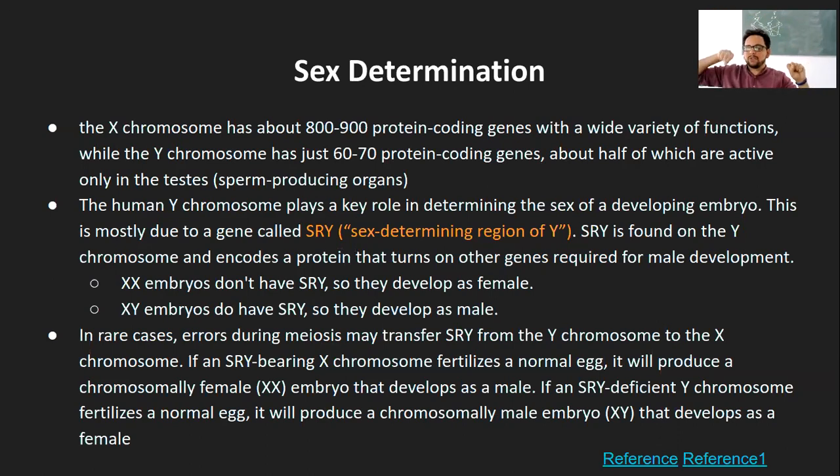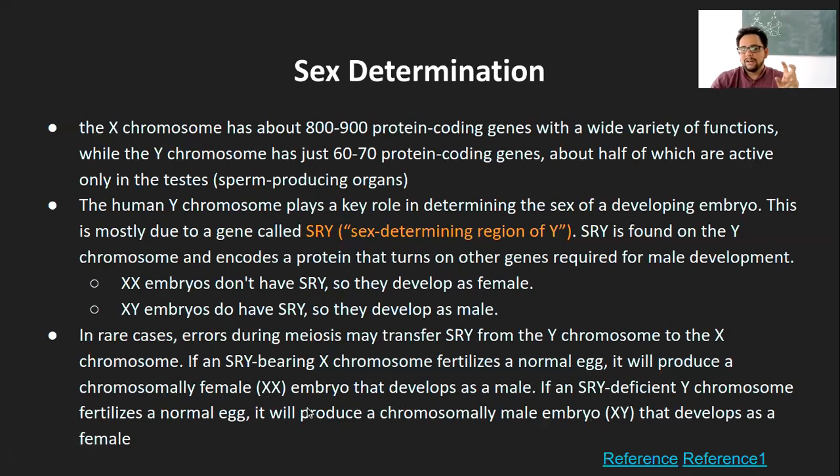Now, if this Y chromosome is fusing with the female gamete, that is the ovum, chromosomally it will be a male embryo, but it will develop as a female because it is lacking the SRY gene. On the contrary, if that X chromosome with the SRY gene is fusing with another X of the female, that will form XX, which is chromosomally female, but because one of the X chromosomes has the SRY gene, the child will develop as a male.